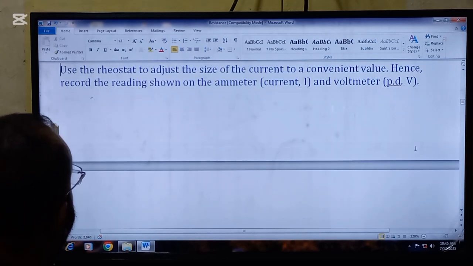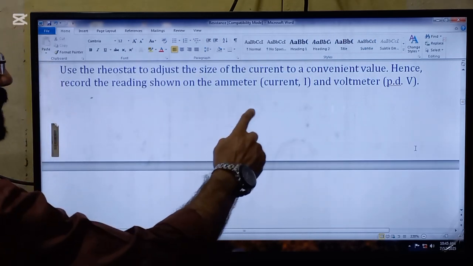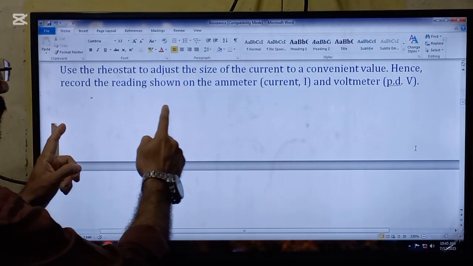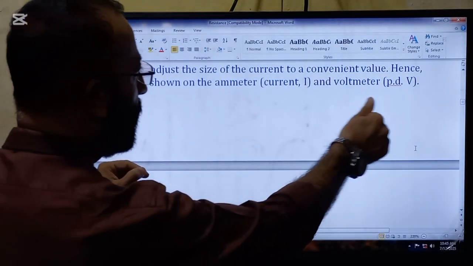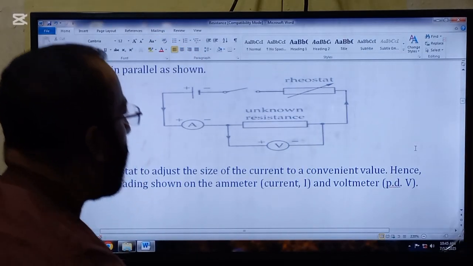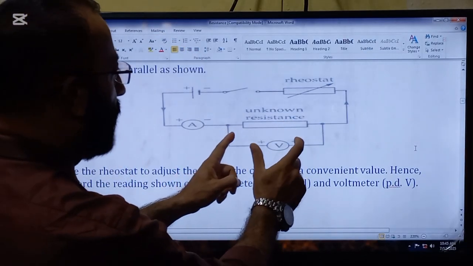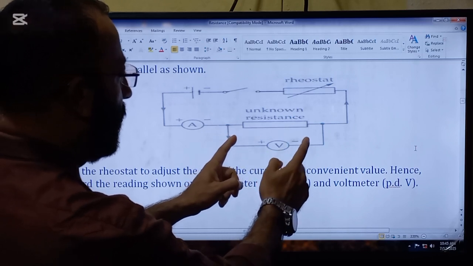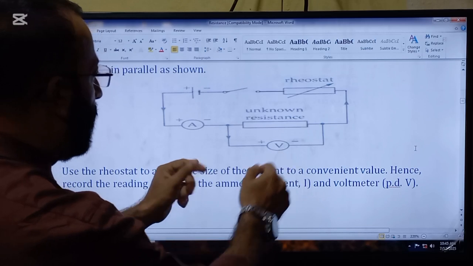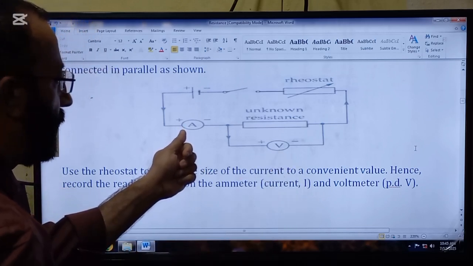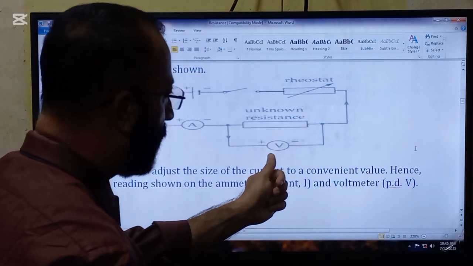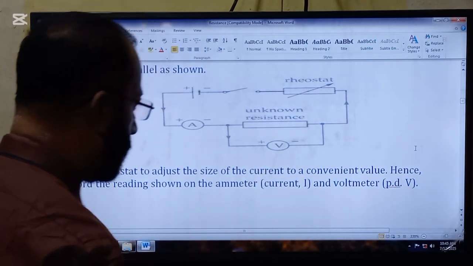Use the rheostat to adjust the size of the current to a convenient value. Hence, record the reading shown on the ammeter, current I, and voltmeter, potential difference V. So, by adjusting the rheostat to some known value of the current, we will note the current I in the ammeter and the potential difference in the voltmeter.